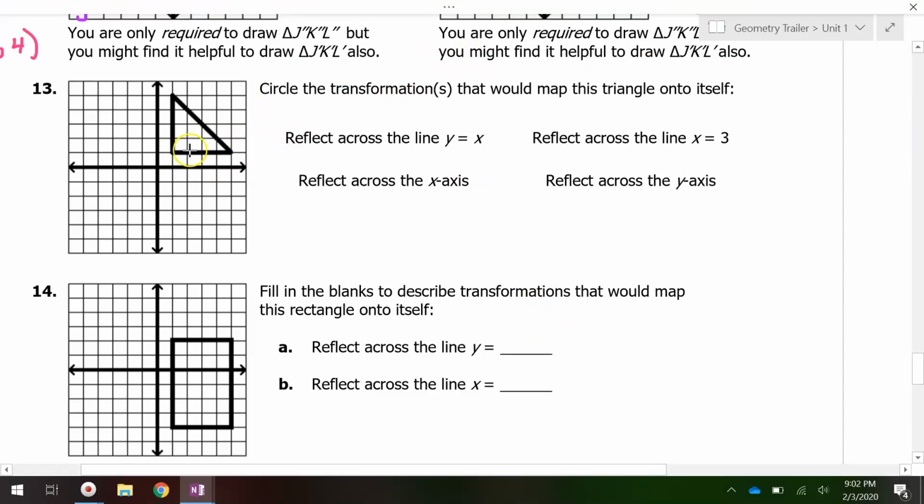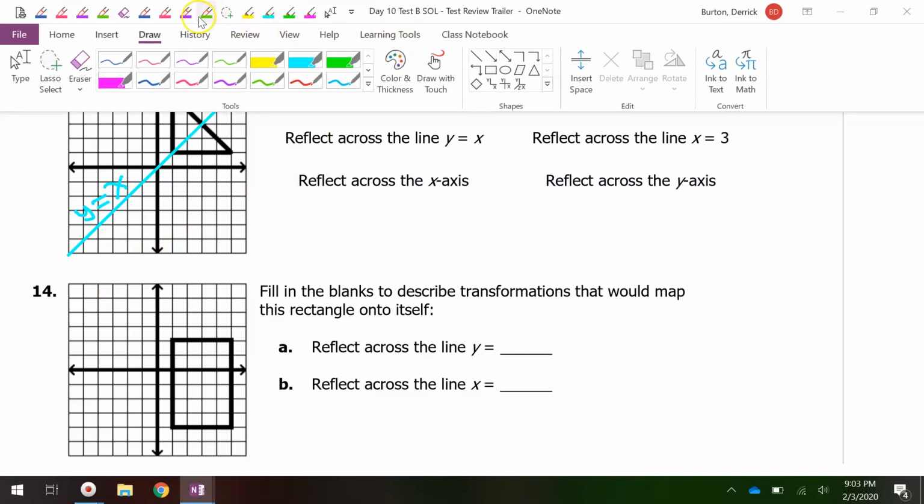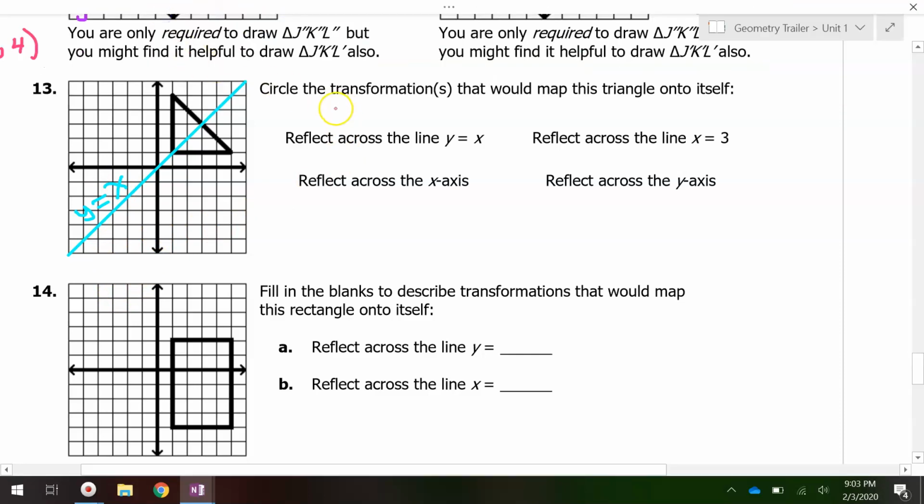I'm looking for a line that would split this triangle right down the middle, like a mirror. And it looks like this line right here. Do you see how that line splits this triangle into two identical halves? The name of this line is the line y equals x. So that means that if I reflect over the line y equals x, that will map the triangle back onto itself.